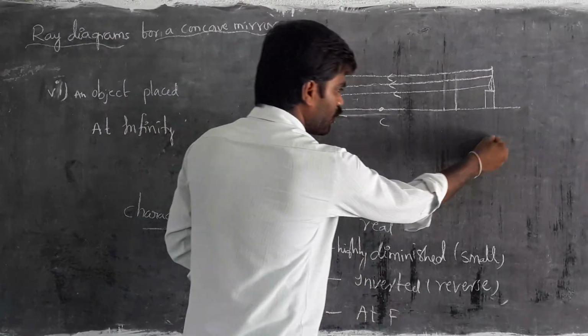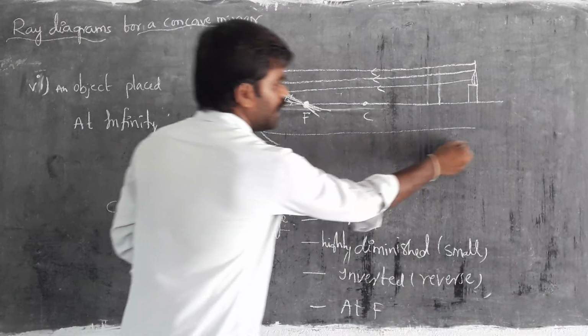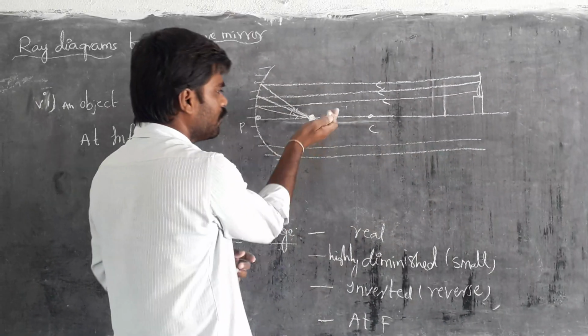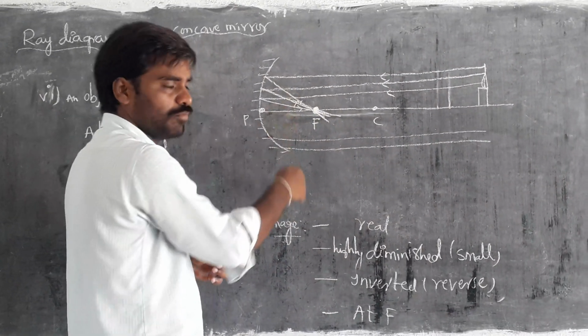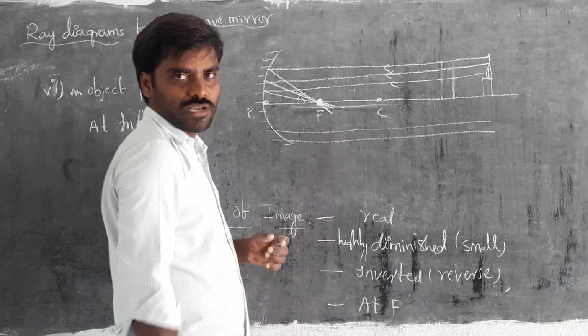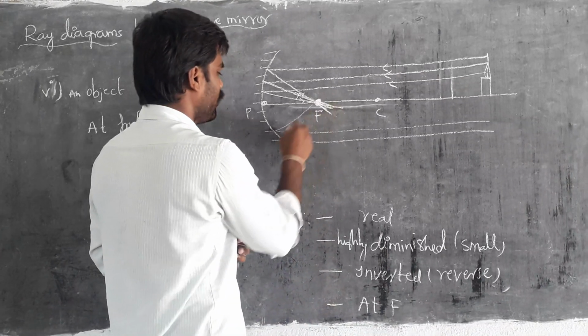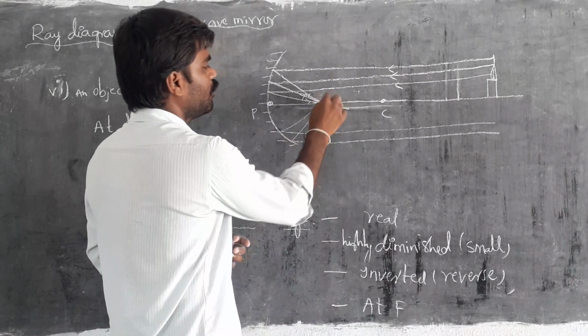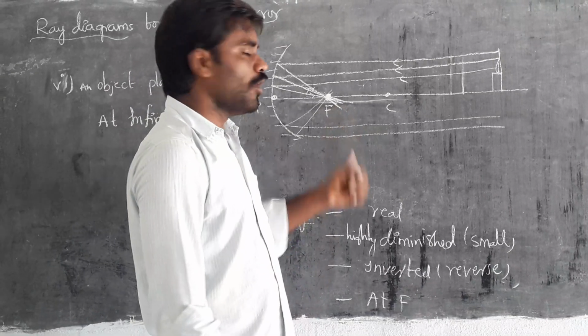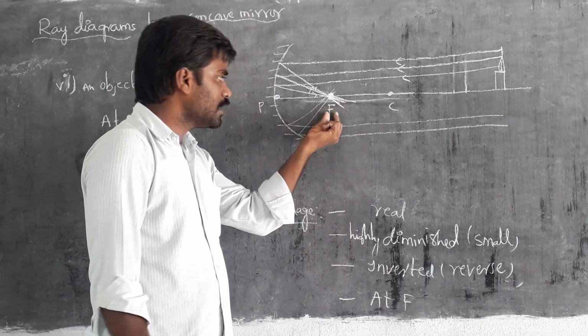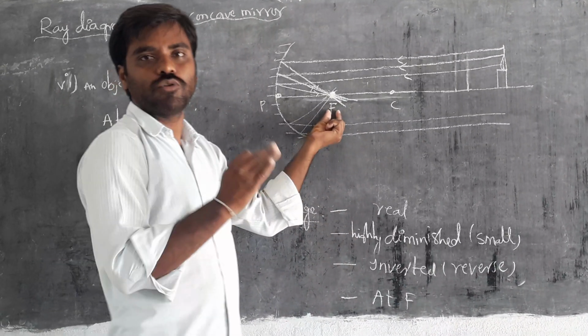Sometimes we have a diagram like this. Those rays come and are incident on the concave mirror below the principal axis. Even then, after reflection, those rays coincide at the point of focus. So this is the place of the image we have to capture.